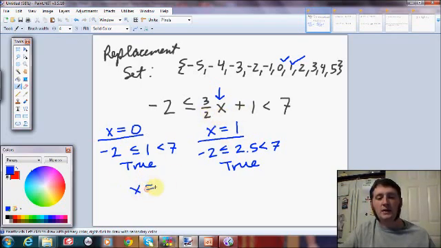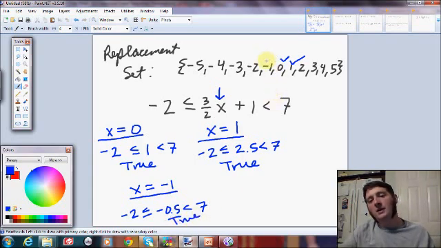So if you try x being -1, we get -2 is less than or equal to -0.5, which is less than 7. Okay, that's a true statement. Good job, us. We checked 3 and they're all true.